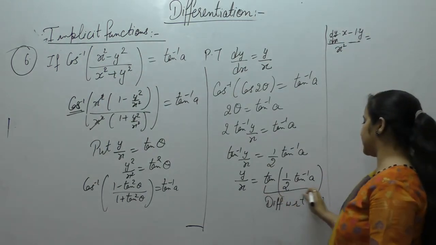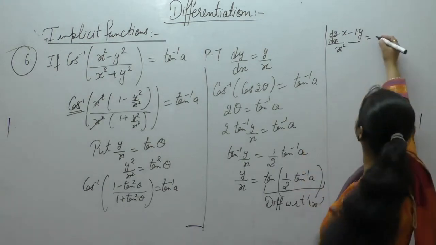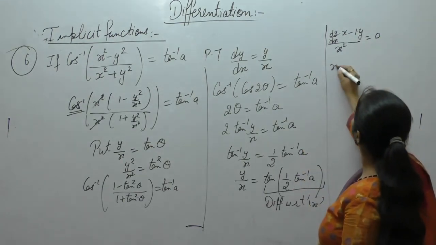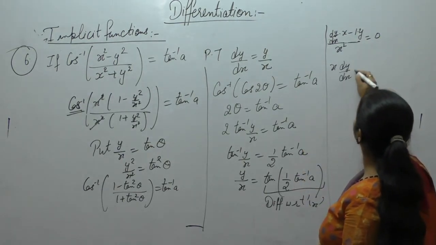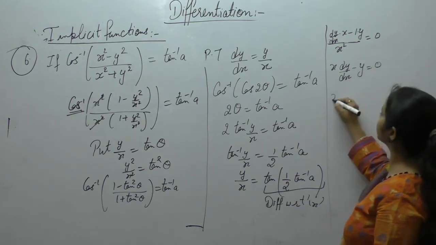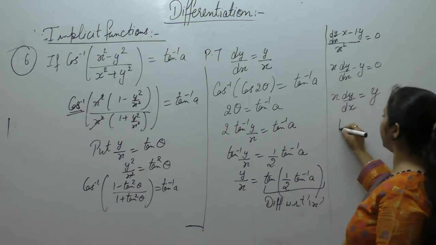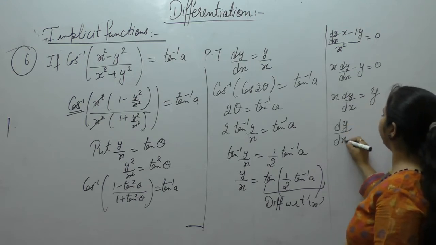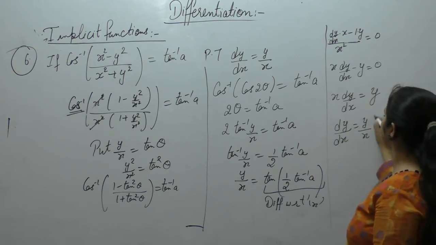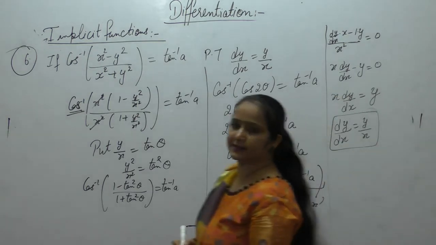This is the constant term, so derivative of this is 0. So x dy upon dx minus y is equals to 0. x dy upon dx is equals to y. So dy upon dx is equals to y upon x.